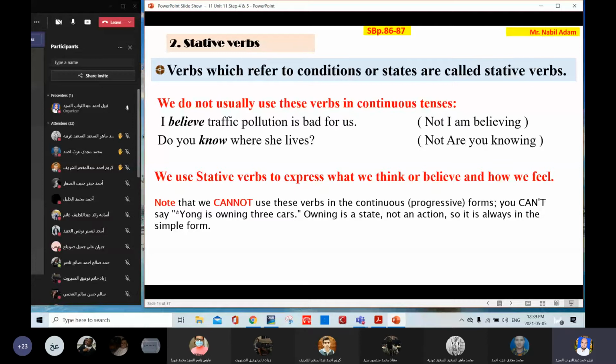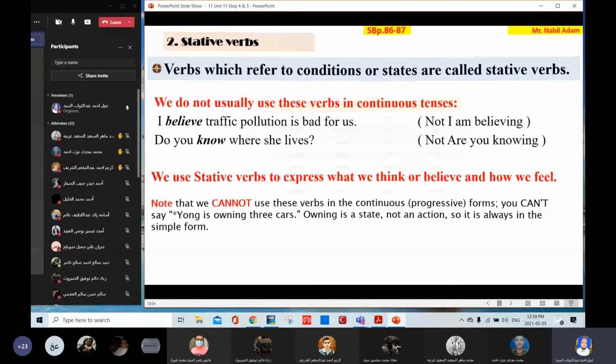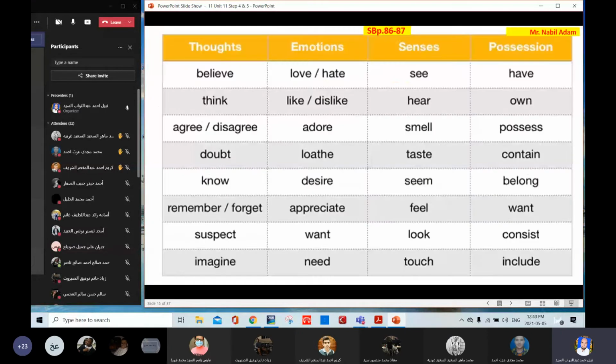These are some examples. There are different types of stative verbs. Verbs of thoughts like believe, think, agree, disagree, doubt, know, remember, forget, suspect, imagine. Verbs of emotions, المشاعر, love, hate, like, dislike, adore, loathe, desire, appreciate, want, need.